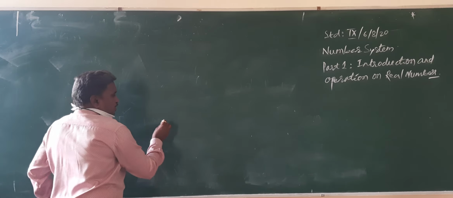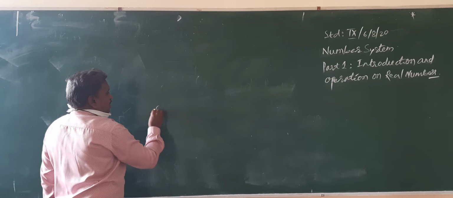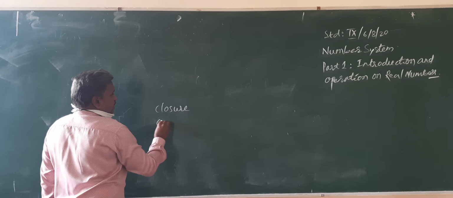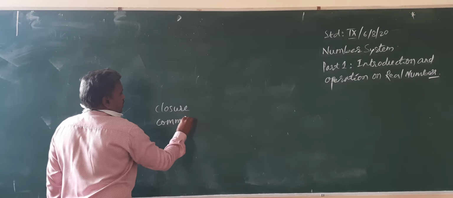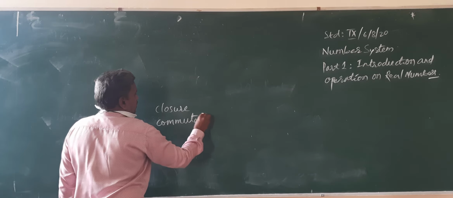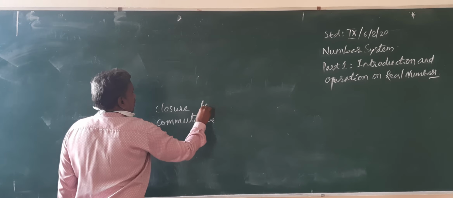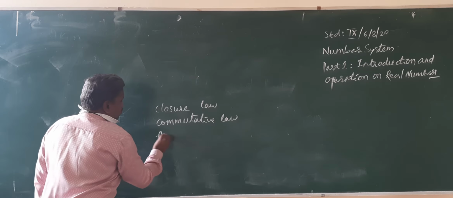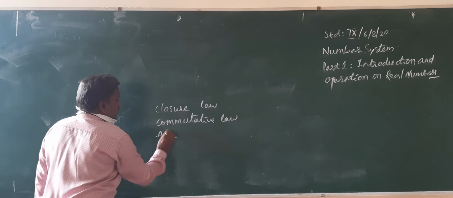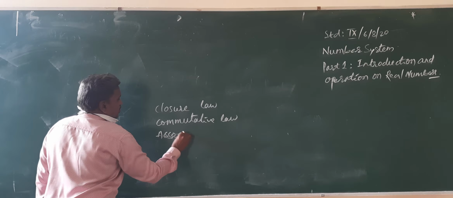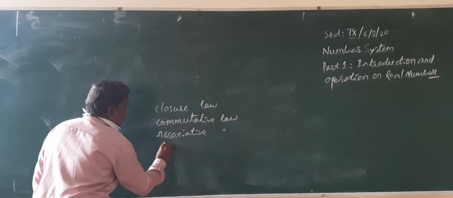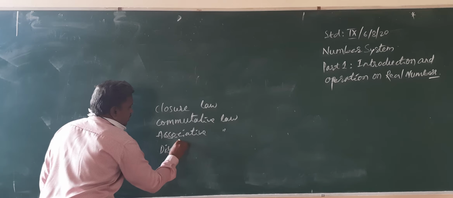And we know very well about the closure property, commutative property, closure law, commutative law, associative law, distributive law or distributive property.